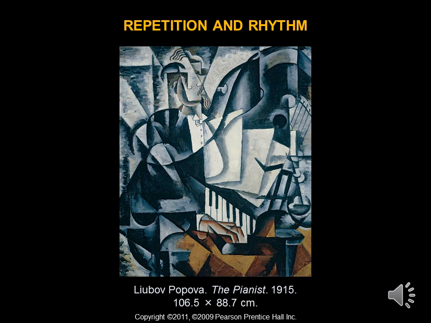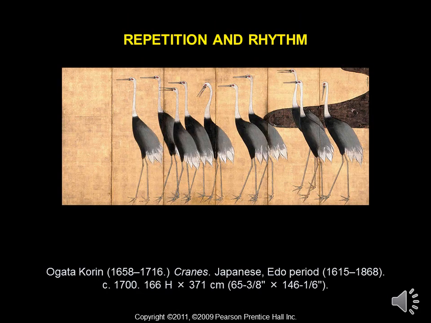This is also similar to some of the images that we've looked at from Degas and Goya, where the eye is being led purposely by other objects in the composition. When we think of rhythm in the visual arts, it's not much different at all than it is with music.